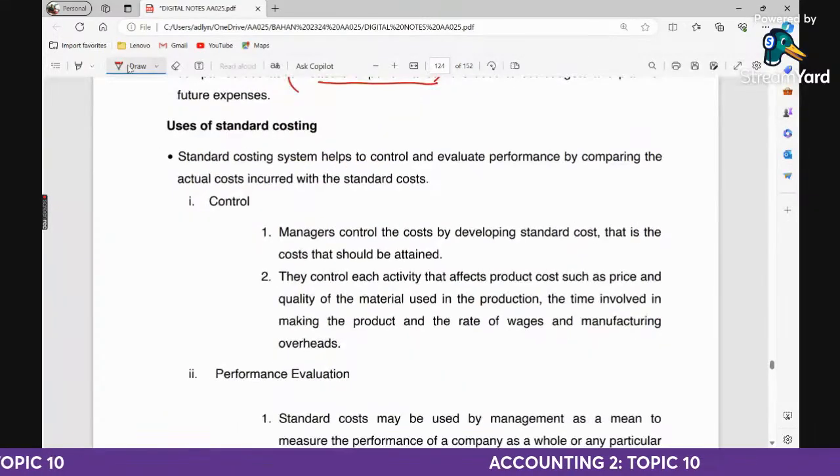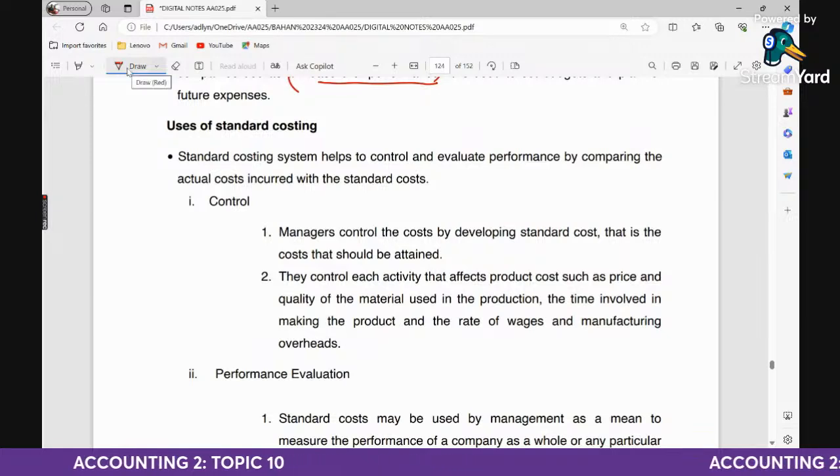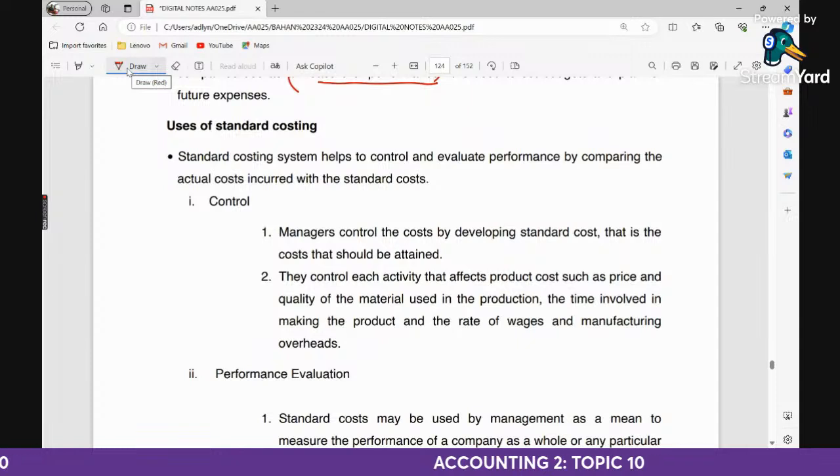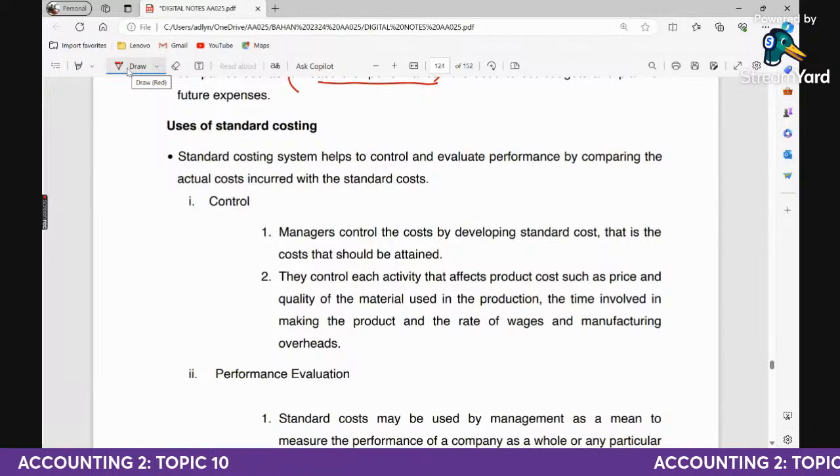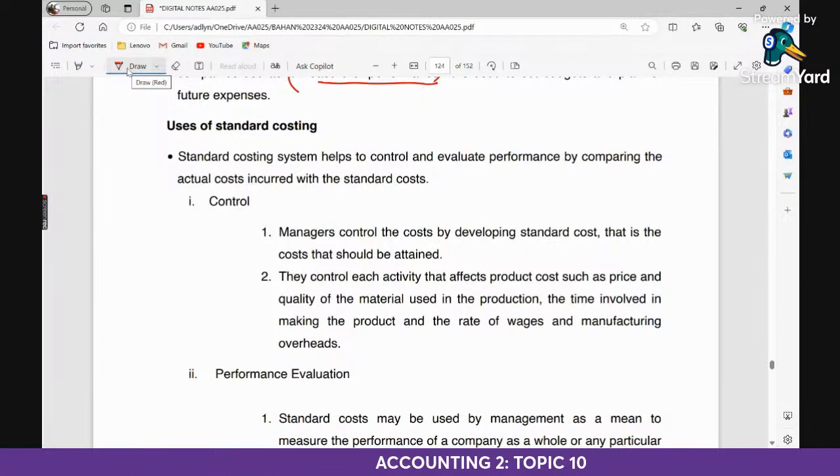Okay, so uses of standard costing, this one I'm going to touch just surface saja. You can read this on your own actually. So why do we use the standard costing? Satu sebenarnya, the standard costing system helps to control and evaluate performances.